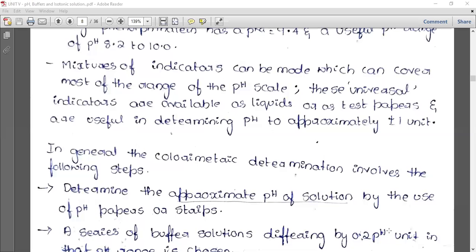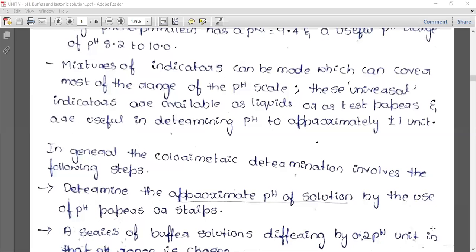I could prepare buffers from pH 0 to pH 14, but since I know it's basic, I'm preparing a series of buffer solutions ranging from 7, 7.2, 7.4, 7.6, 7.8, like this till 14.